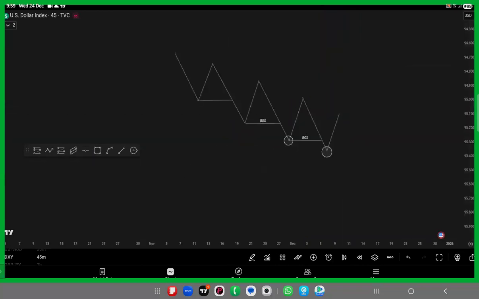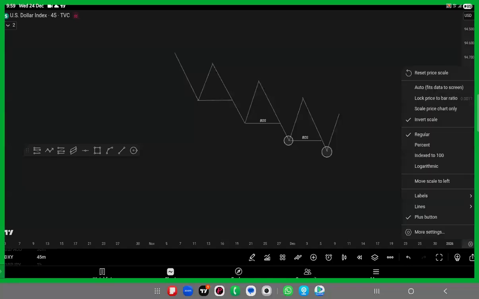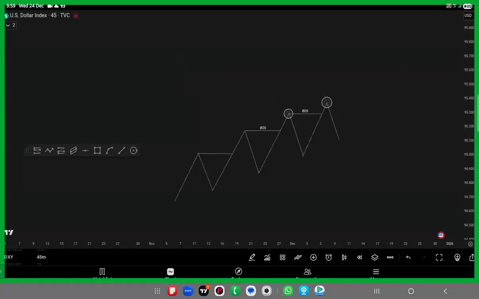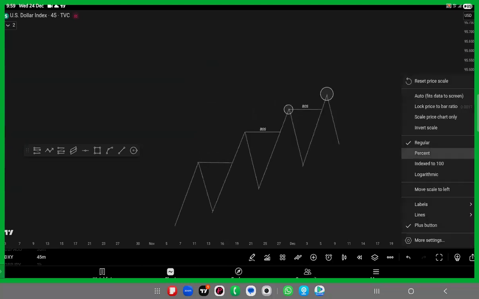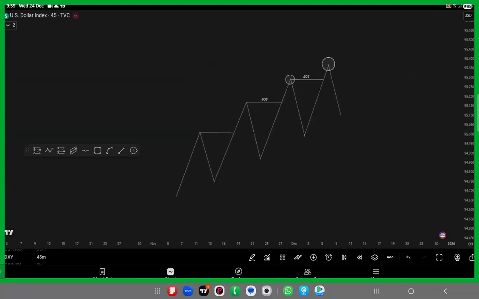All right. So now let's talk about the case of a market structure shift. Perhaps the market has gotten to its destination already. What will then happen? The market will have to start going to the other side. Remember, the market takes out liquidity above to go and take out the other liquidity, right?